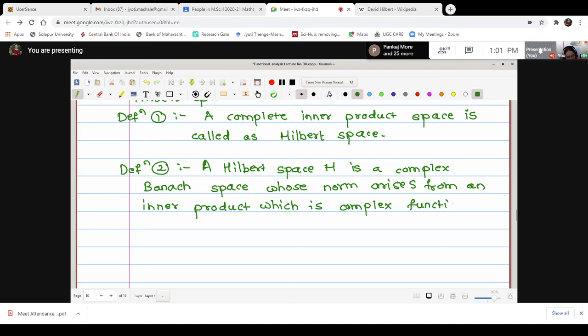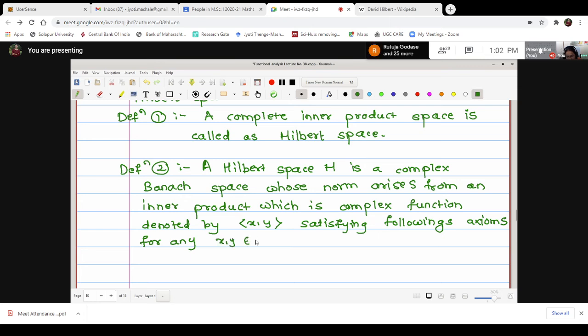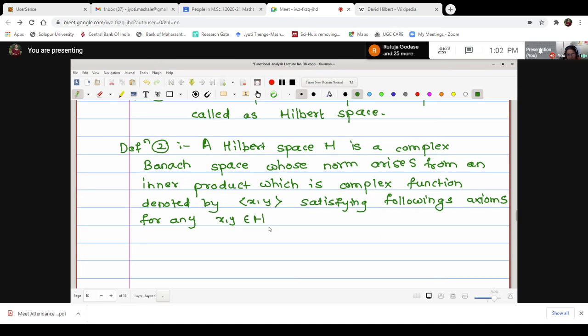Complex function means complex valued function, denoted by inner product x with y, satisfying the following axioms for any x, y in H.